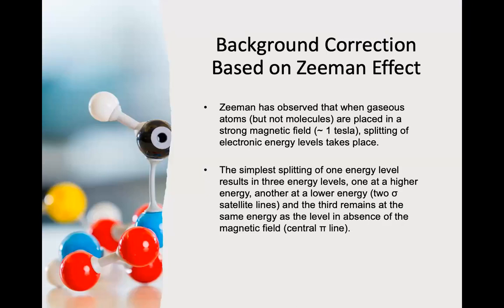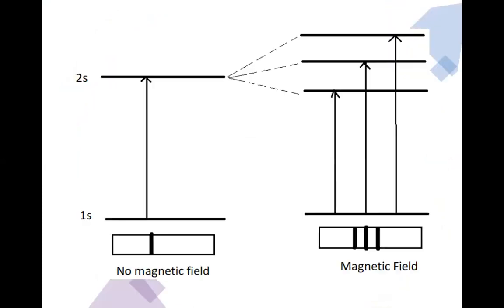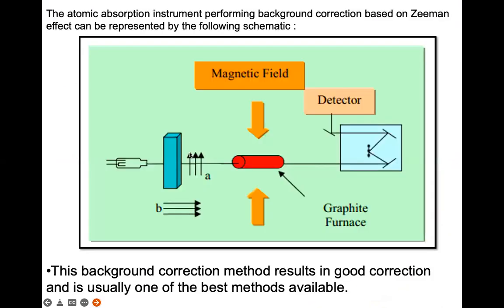Of course, there are calculations for how the magnetic field splits one energy level into three energy levels. That one I think is beyond my capability to explain. The line in the middle remains at the same energy as without the magnetic field. So this is the Zeeman effect.